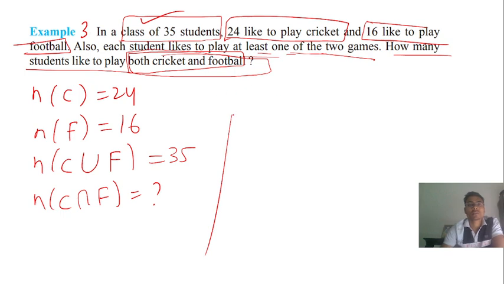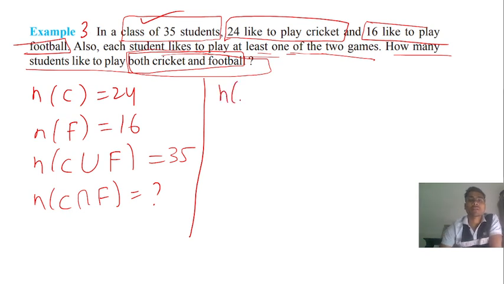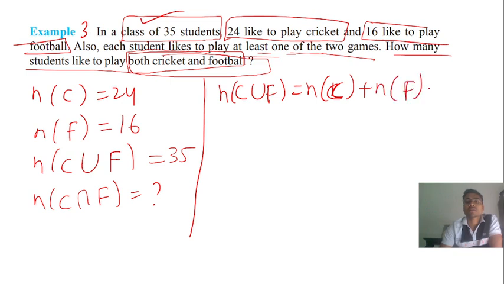We will use our traditional formula which I just recently taught you: the number of students in cricket union football is equal to the number of students in cricket plus the number of students in football, negative of the number of students in cricket intersection football. So we will put all the data.